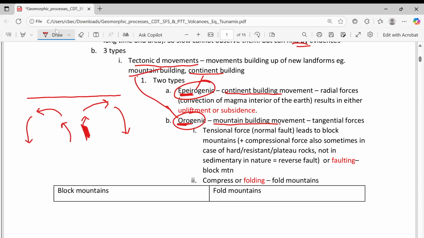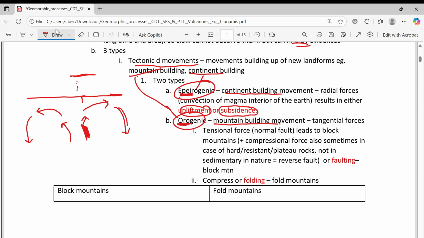When it is going and hitting this one, for example, this will shift here. This is upliftment. Similarly, when this is being pulled down, this is subsidence. Upliftment means going above the surface, subsidence means sinking of the surface. Like that it will form the landforms. That is epirogenic, continent building.